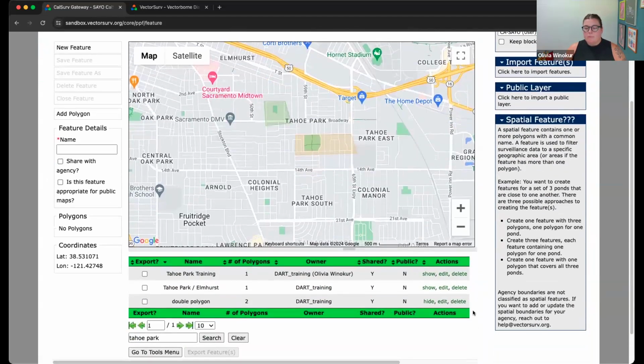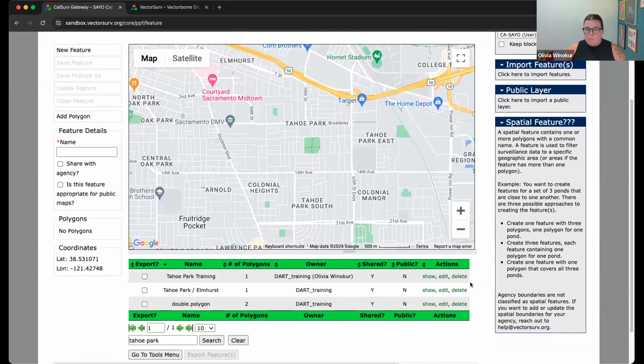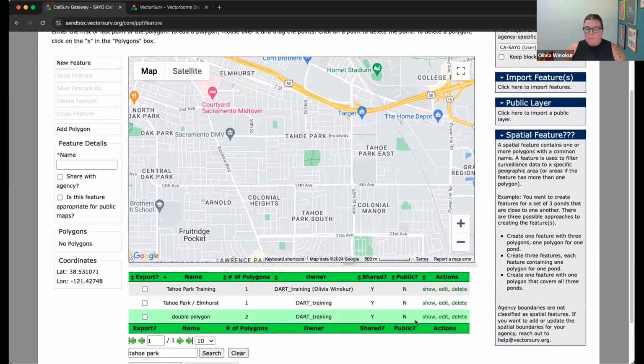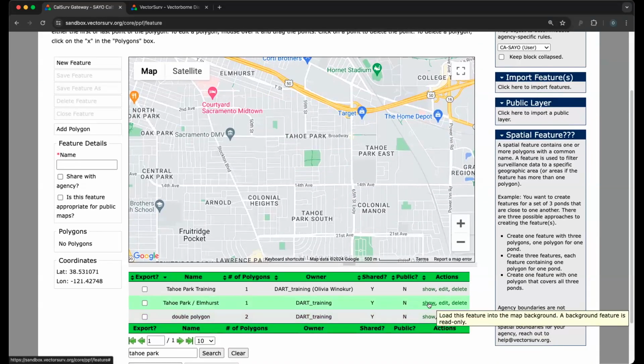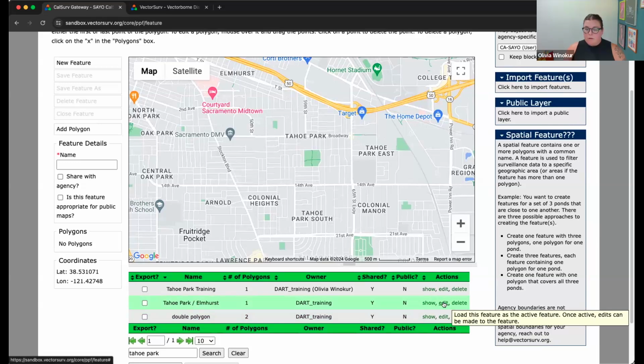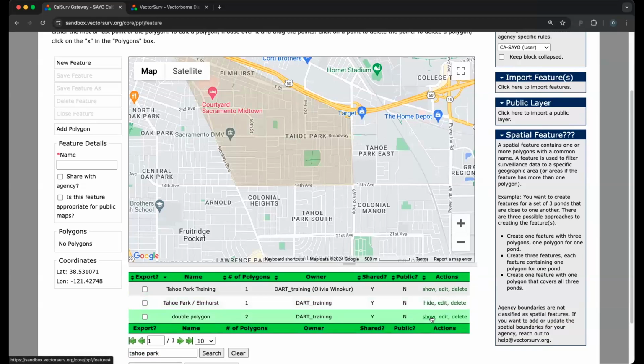Does that make sense? I just got lost because I wanted to create the second polygon under the previous one, like your Tahoe Park Elmhurst. That only has one polygon, and then the other one has the other polygon plus that one.